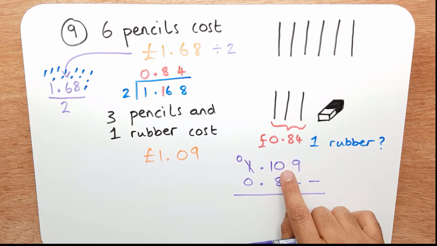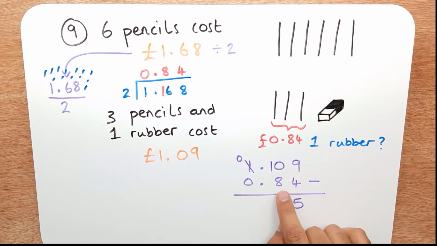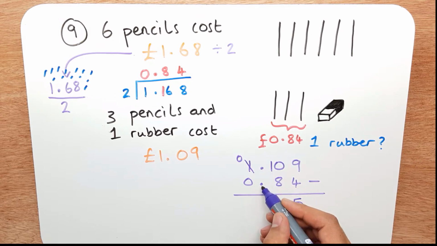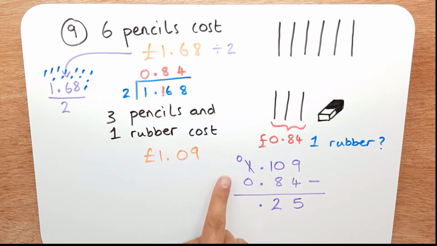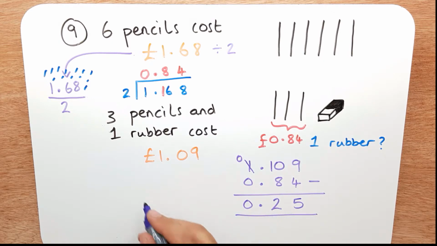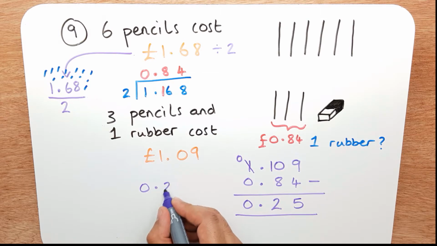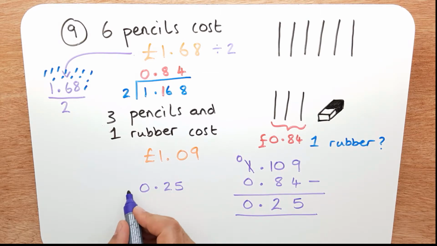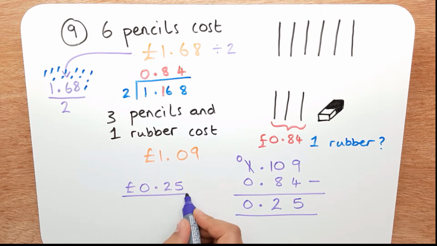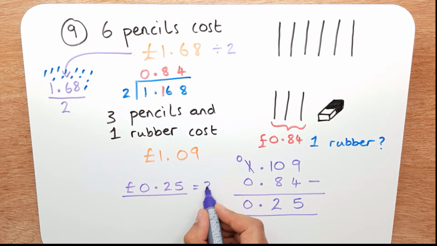So now it's 10 take away 8, which is 2. I bring the decimal point down, and 0 take away 0 is 0. And my answer is 0.25. And because it's in pounds, it's the same as 25 pence.